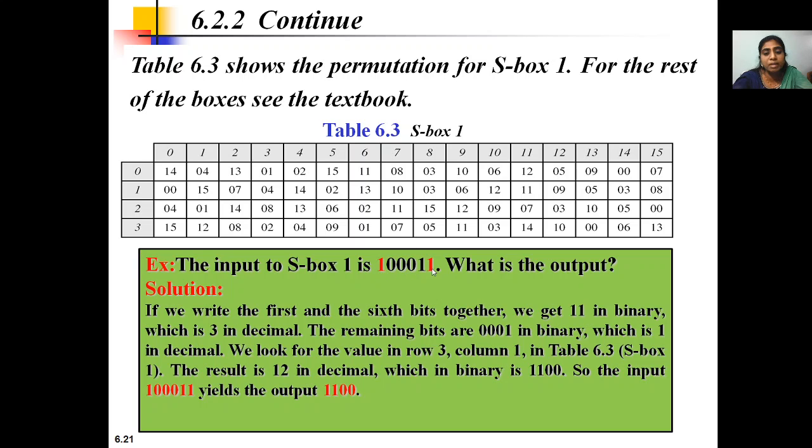So 1 1 represents the value 3 and 0 0 0 1 represents the value 1. So we have the 3 and 1. The number value is 12 over here. This 12 can be written as 1100. So this 1100 is being replaced in the 4-bit values. So from 6 bits we are going to get the output as 4 bits.